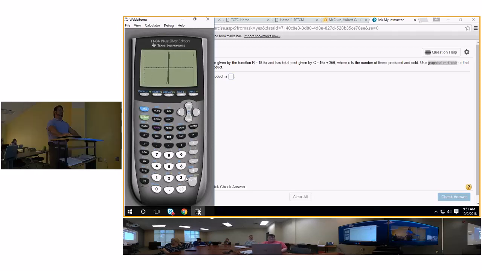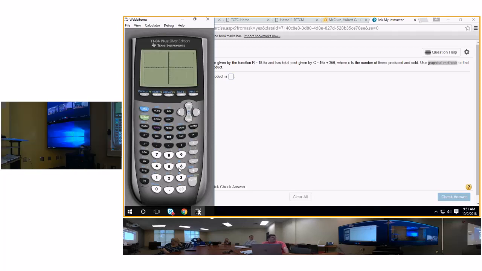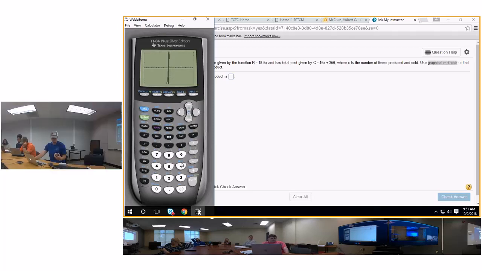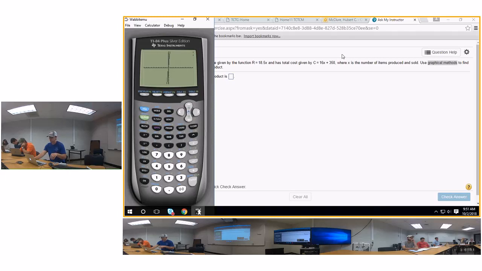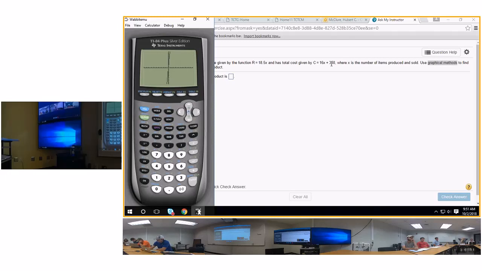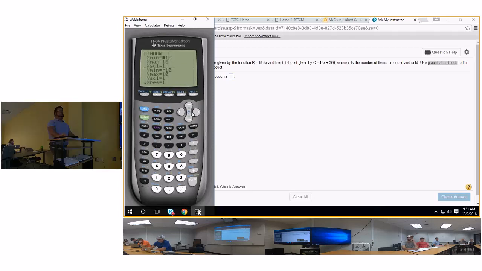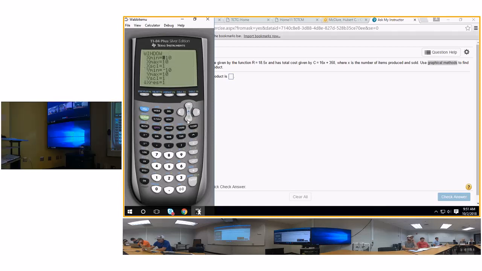If you don't know how to use your trace function, we're going to have to zoom standard. Okay, we got to get up to 350 because that's the y-intercept. So let's do a window, and let's make the y-axis 0, 350.